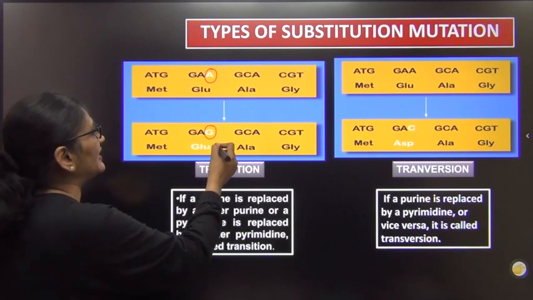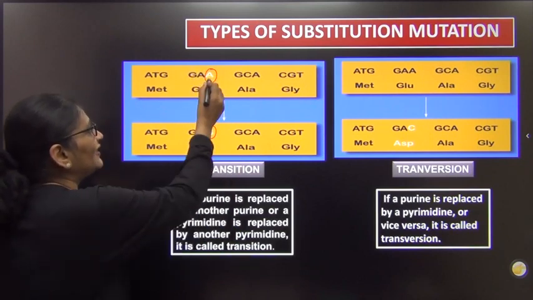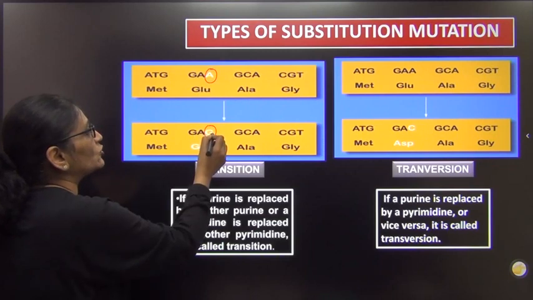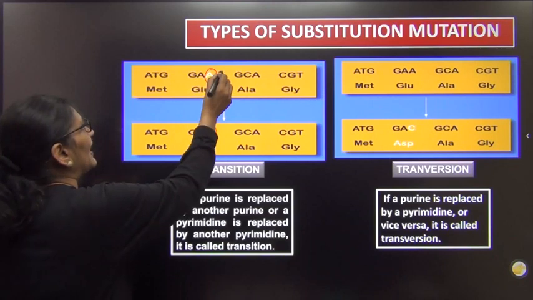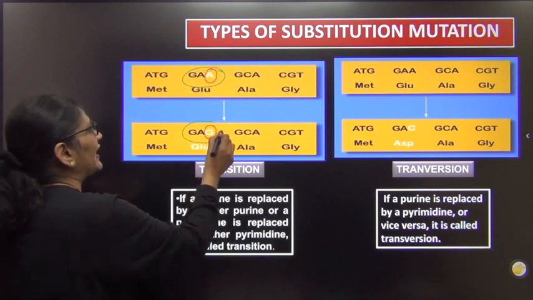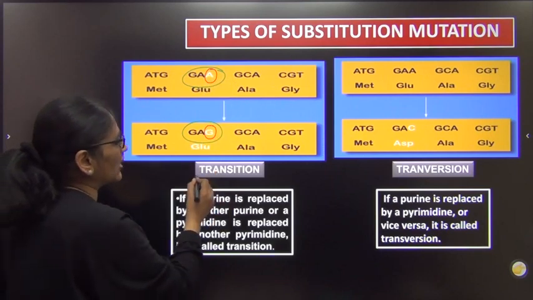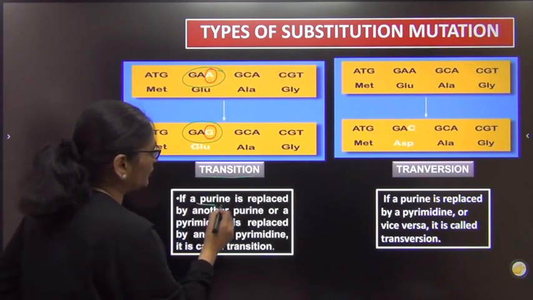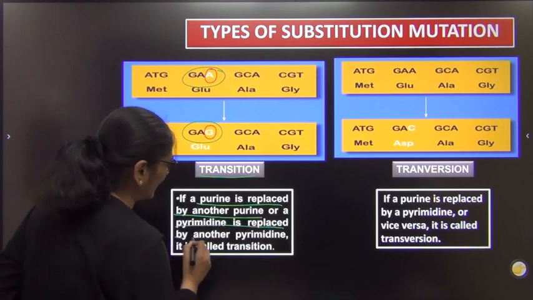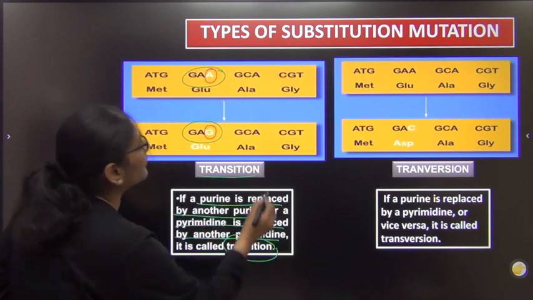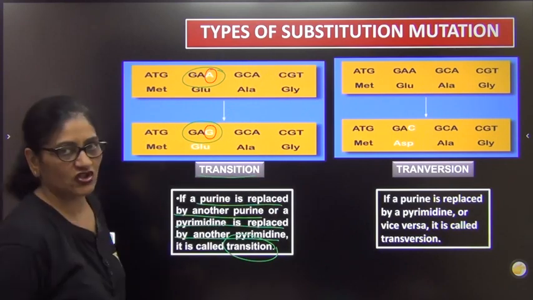In this case, you can see here, originally it was GAA and A got changed into G, so that the codon has changed from GAA to GAG, and this type is called transition. In transition, a purine is replaced by another purine or a pyrimidine is replaced by another pyrimidine.